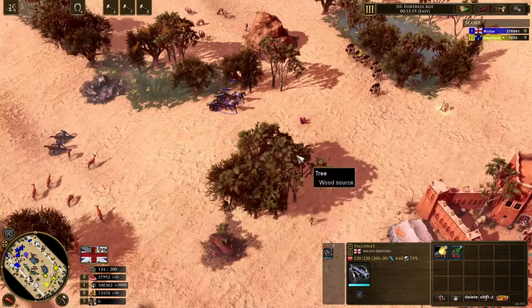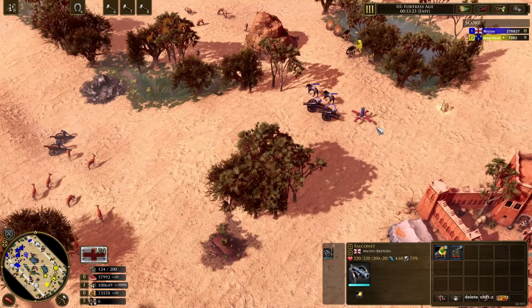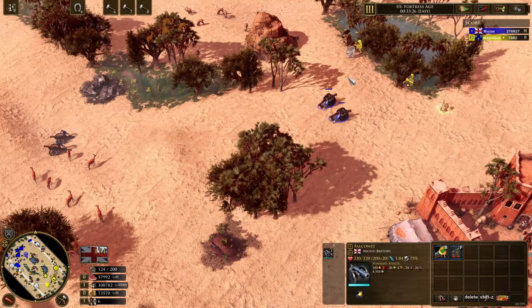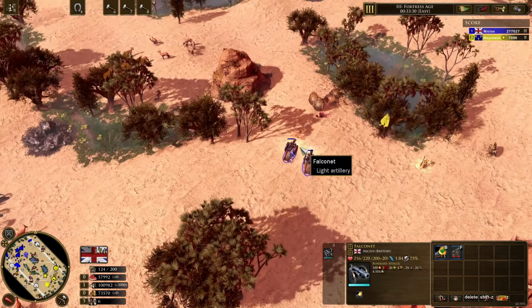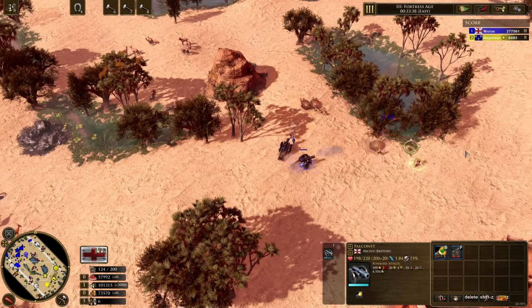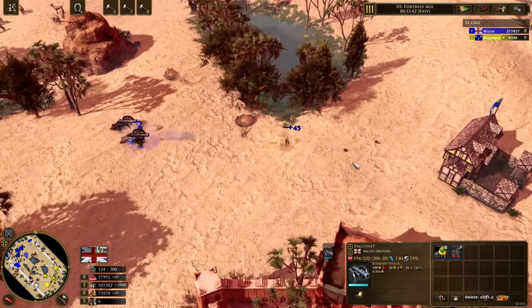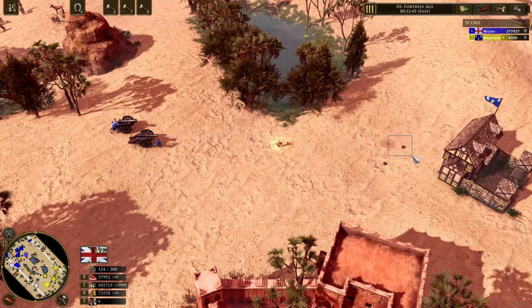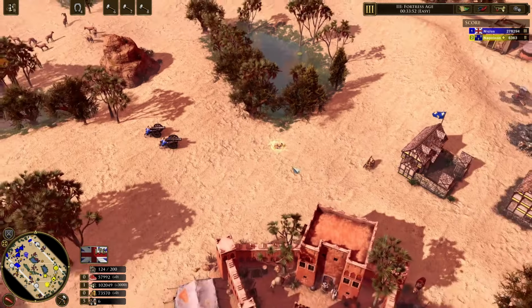I'll try to demonstrate it on this line. Ah, I cannot. So when cannons hit their target, see that they sometimes also fly a little bit further. For example, this one. And you see the impact even. If there was a unit standing nearby, it would have gotten damaged.